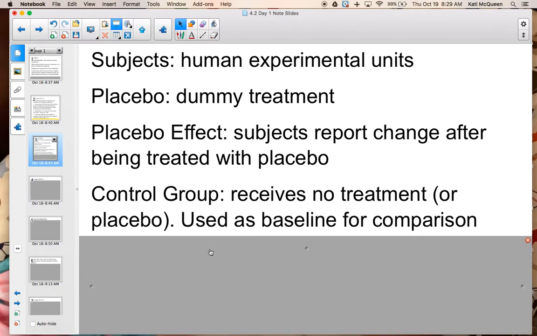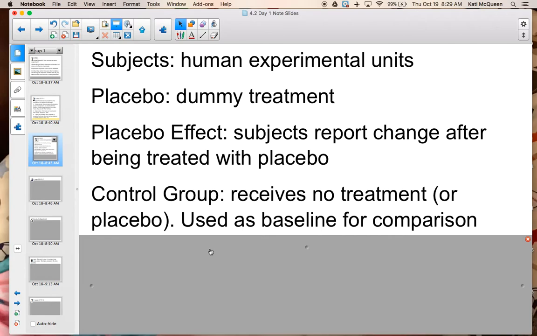All right, the control group then is the group that receives no treatment. They could receive the placebo then because they're not technically getting anything different since the placebo doesn't contain anything. And the reason we want a control group is we want to be able to compare. Say I have a group of people with headaches.